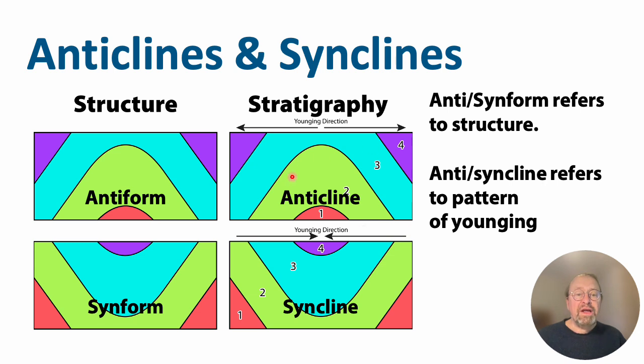Although in general, antiforms are usually anticlines, but not always. In some mountain belts, the sequences have all been turned upside down, and you can find the opposite. But for our purposes, most of our antiforms are going to be anticlines.